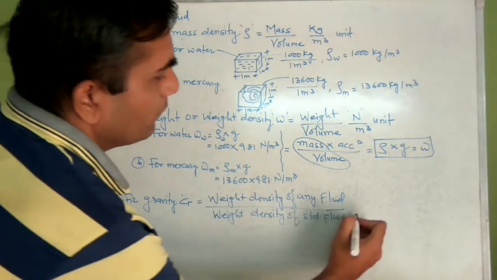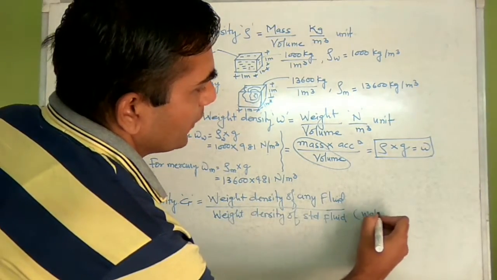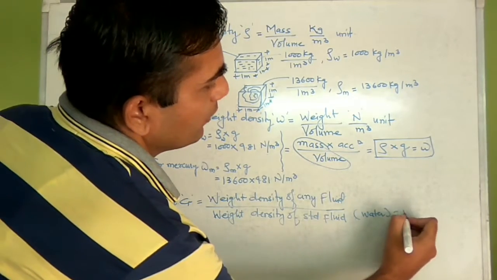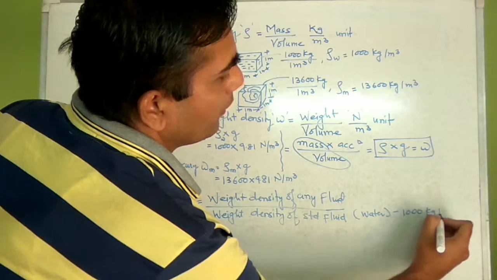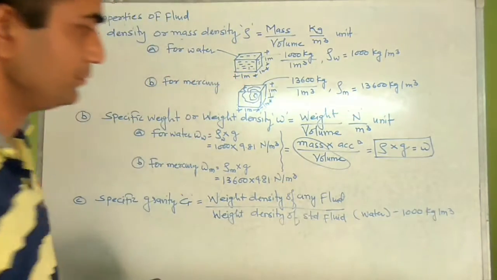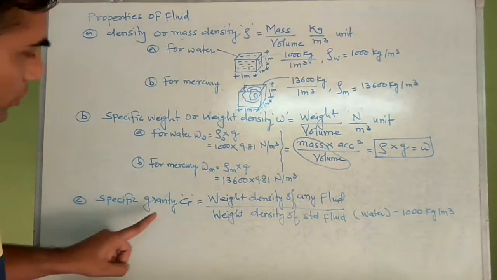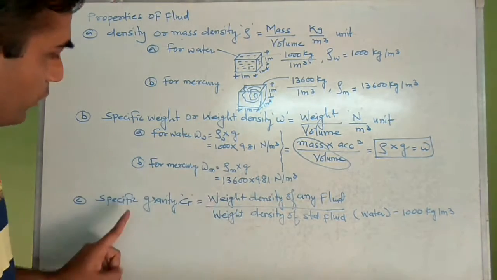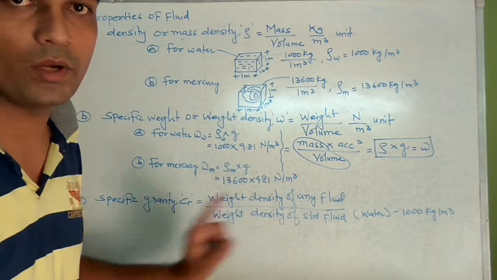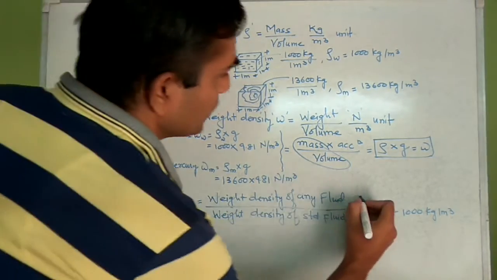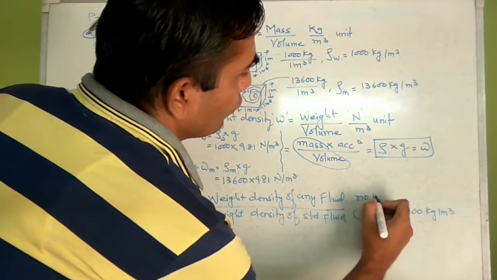In this case, standard fluid is water. So what is weight density of water? We know that 1000 kg per m cube. Now, if we see the unit for specific gravity, weight density divided by weight density means unitless, no unit.